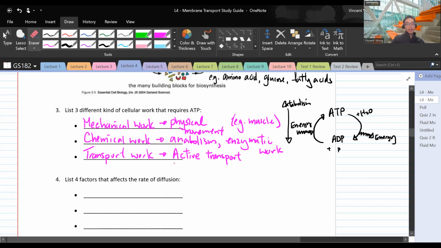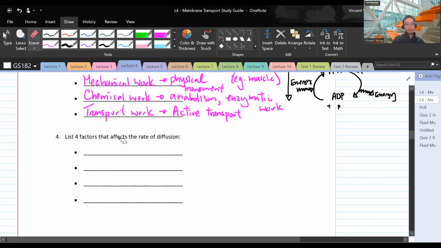All right, next we have factors that affect the rate of diffusion. Just to give you the definition of diffusion again. This is something that happens spontaneously, that means on its own without any energy requirement. And it involves substances.